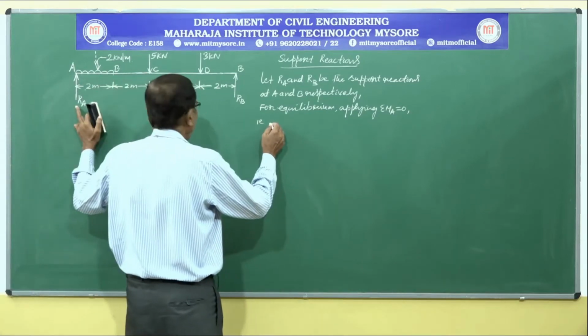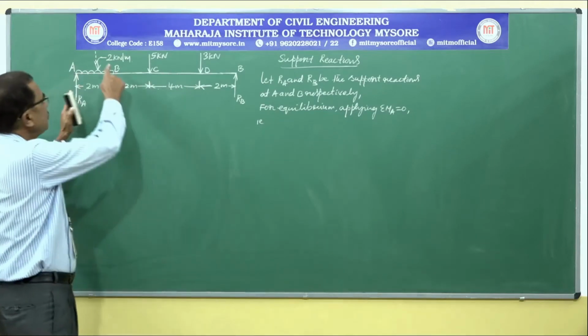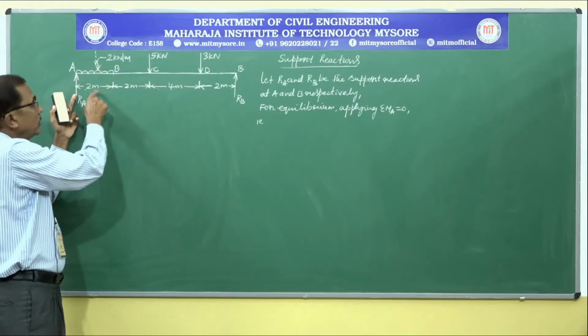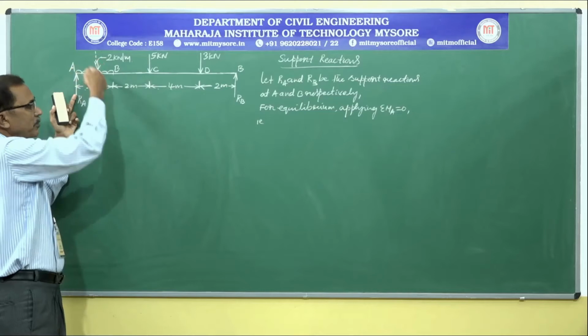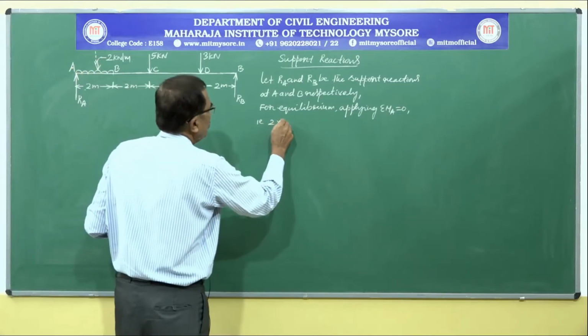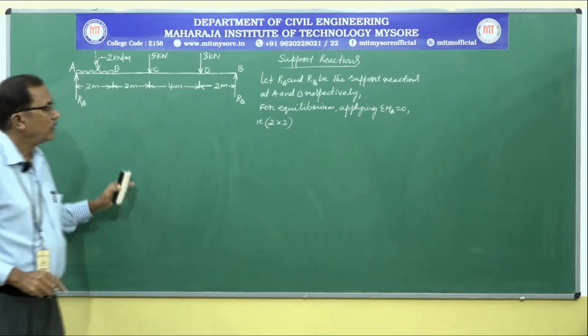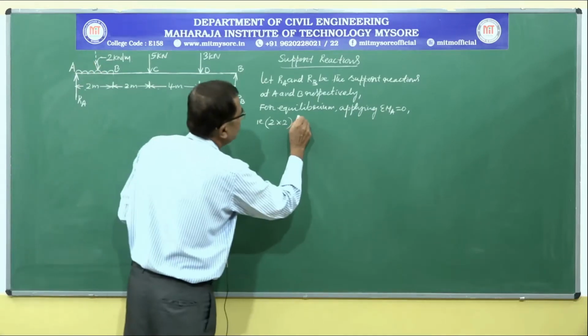So RA will not create any moment, we are not writing it. Next, convert the UDL to a point load, 2 into 2, 4, acting at the center, and this point load is creating a clockwise moment, hence it is positive. 2 into 2 is the point load, and it is acting at the center, 2 by 2.